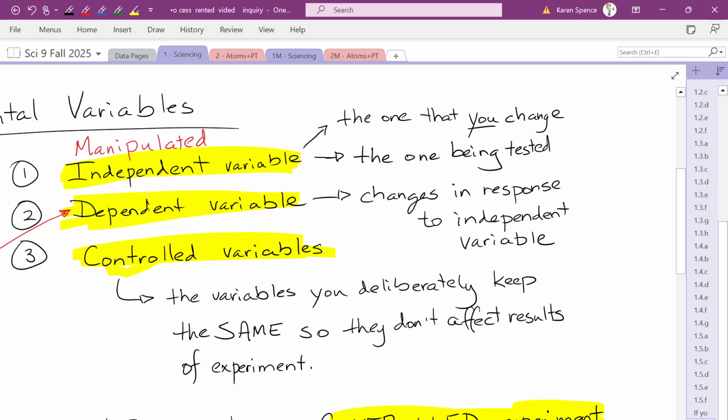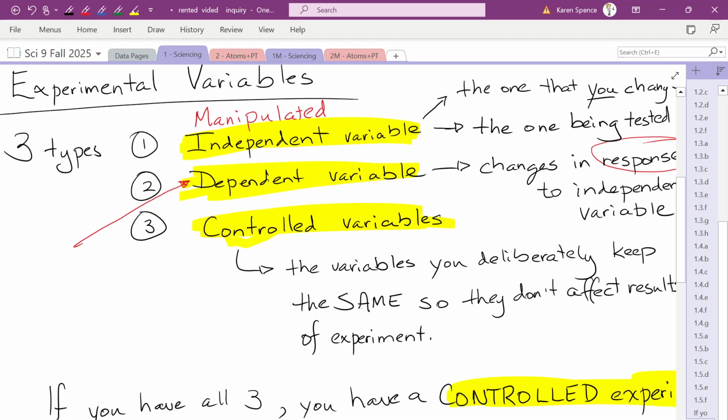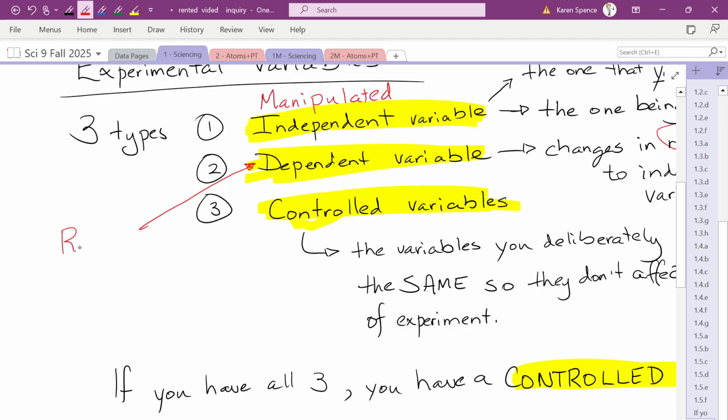Manipulating it, right? The one that you manipulate. And if you remember, the dependent variable changes in response to the independent variable. So it is also known as the responding variable. So we can have the manipulated variable, same as independent variable, the responding variable, same as dependent variable.